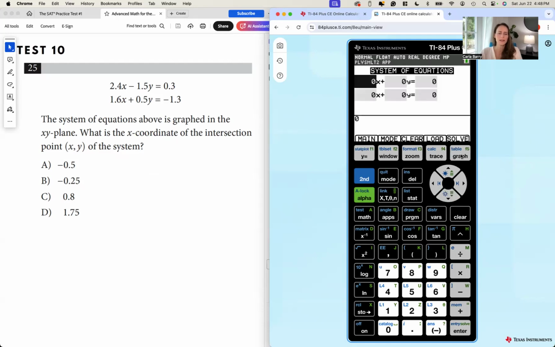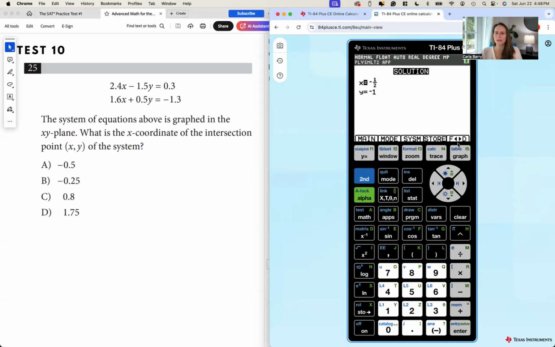Press graph for next, and then I can say 2.4, enter, minus 1.5, enter, equals 0.3, enter, 1.6, enter, plus 0.5, enter, equals -1.3, enter. And then I'm going to press graph to solve it.